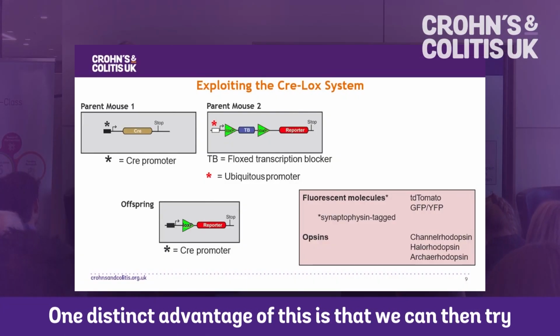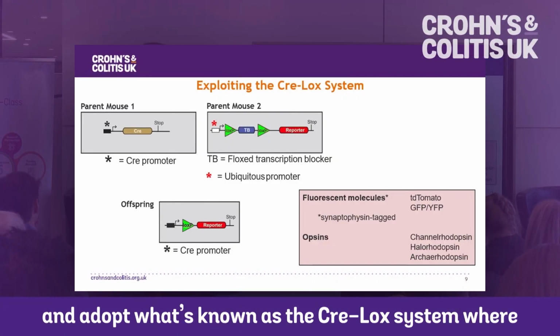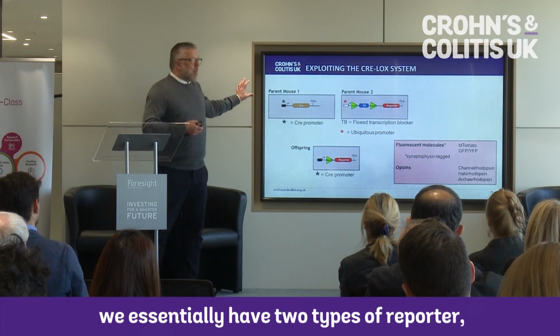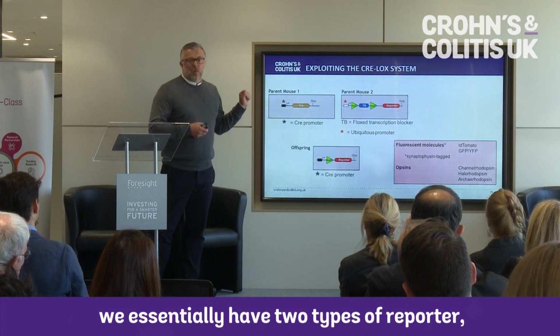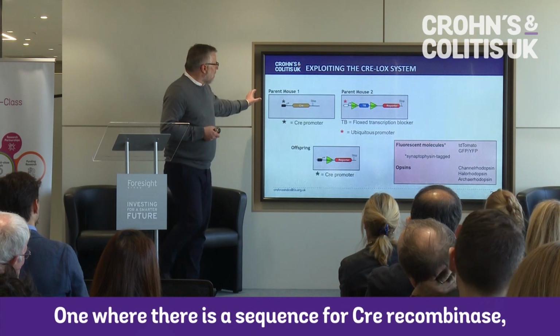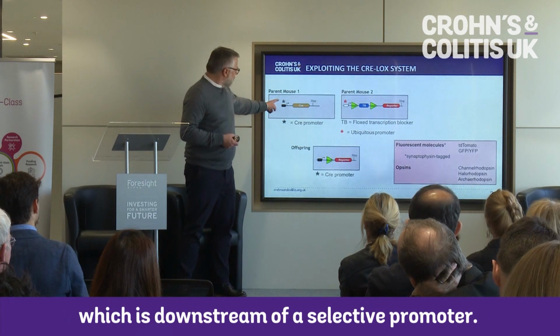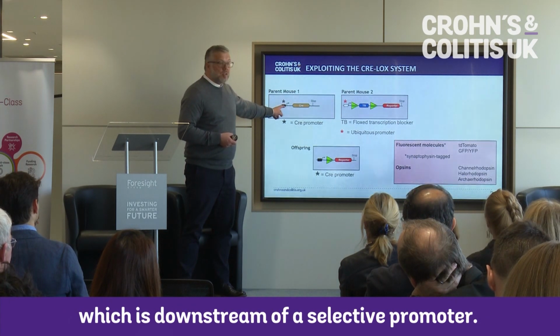One distinct advantage of this is that we can adopt what's known as the Cre-Lox system, where we essentially have two types of mice. One has a sequence for Cre recombinase, which is downstream of a selective promoter.